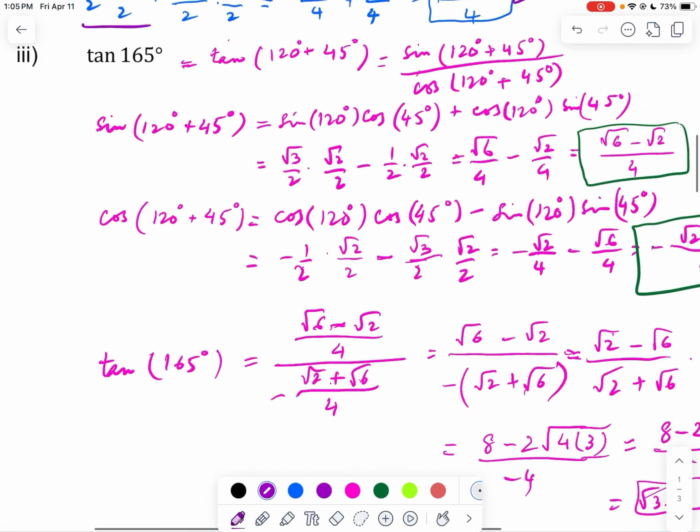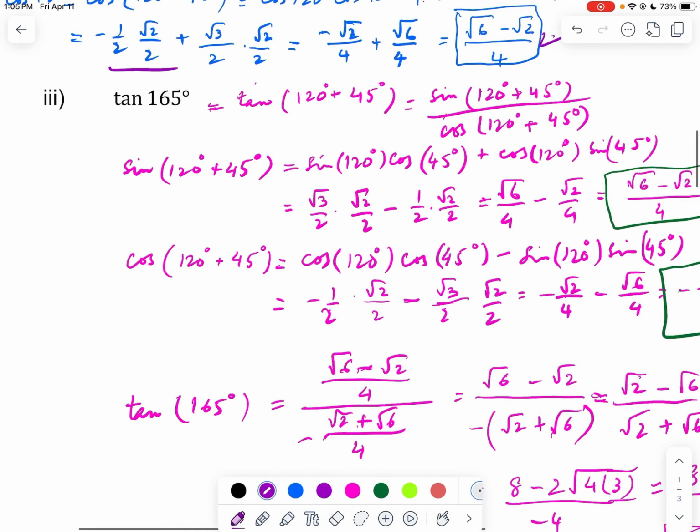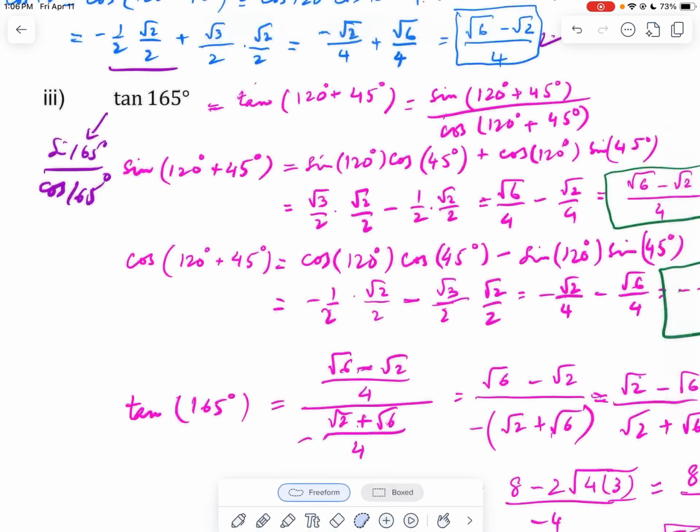Now the next one is tangent of 165. You can do anything first, it doesn't matter in which order you go. You could first write it as sine of 165 over cosine of 165 and then split the 165, or we could do it the way I showed you here: split the angle and write it as a sum or as a difference of two angles.